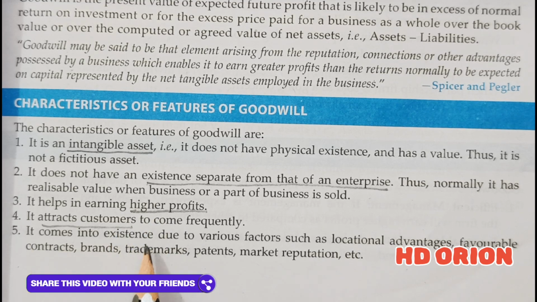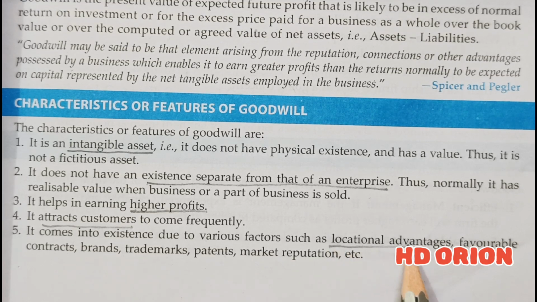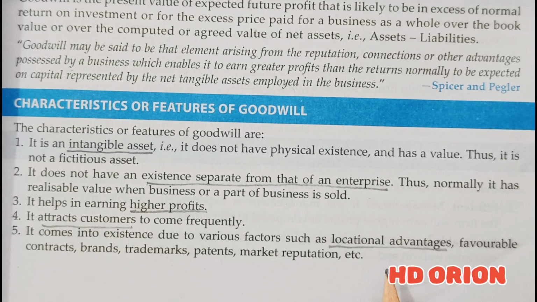Now it comes into existence due to various factors such as locational advantage. Goodwill is created when you are located in a good area in the market. Suppose the crowd is more there, so you will get more customers than the usual ones. Those shops which are at the outskirts of the city may not have that much crowd and customers as you who are rightly situated in the city. Then favorable contracts.